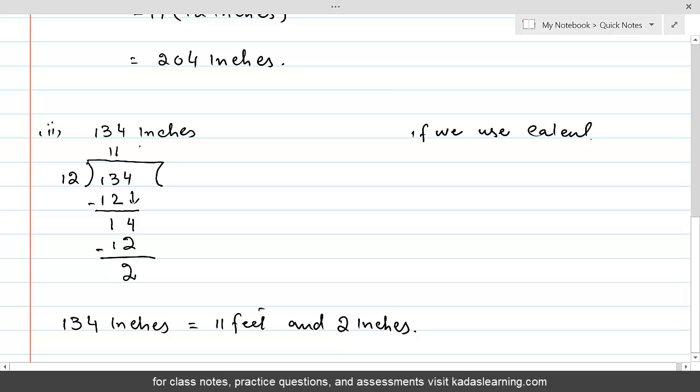This conversion will be based on the decimal system. If we do 134 inches and divide it by 12, this will be the number of feet, and this is going to give you 11.16 feet.